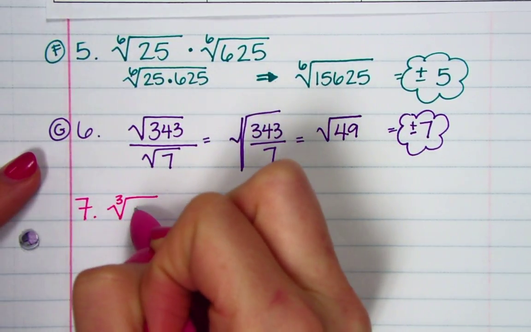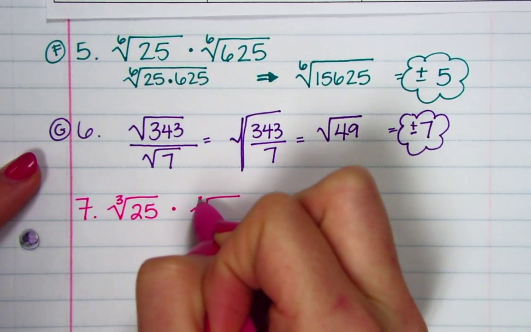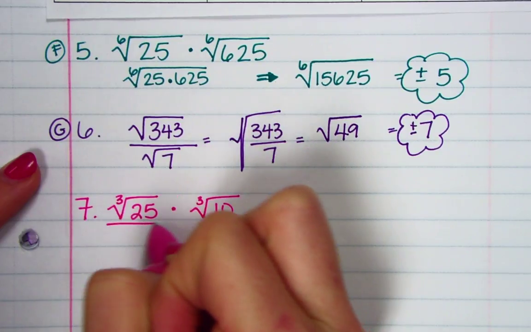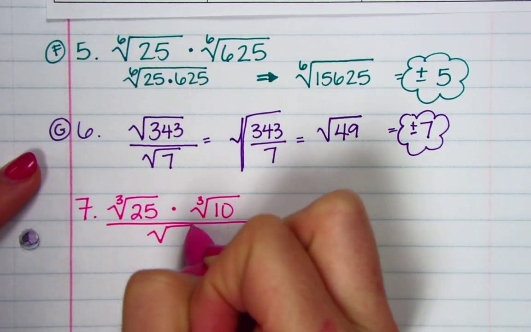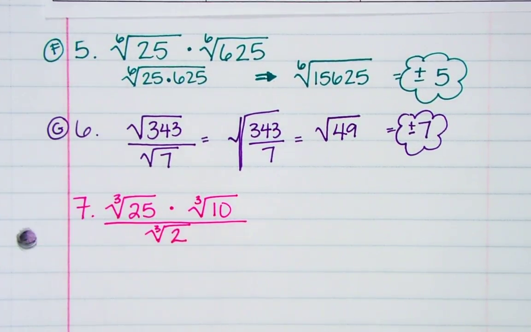Number 7. The cube root of 25 times the cube root of 10 over the cube root of 2. Which property?